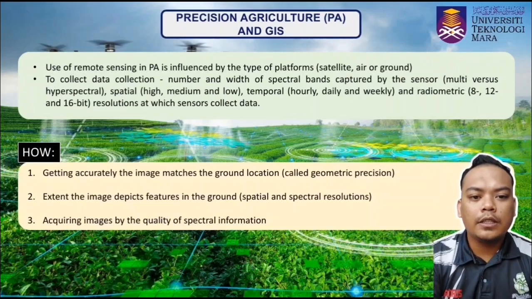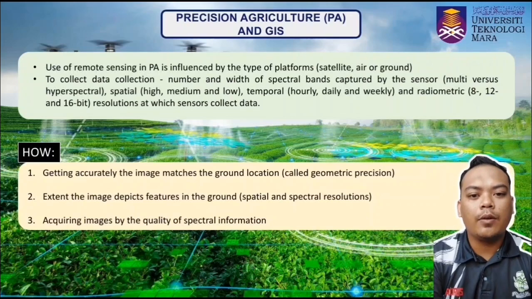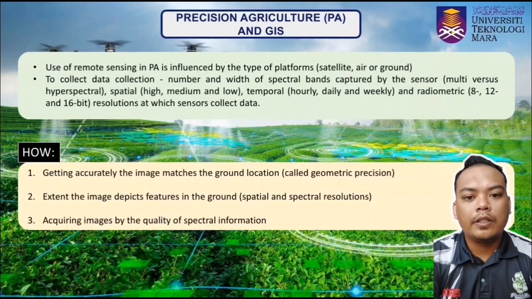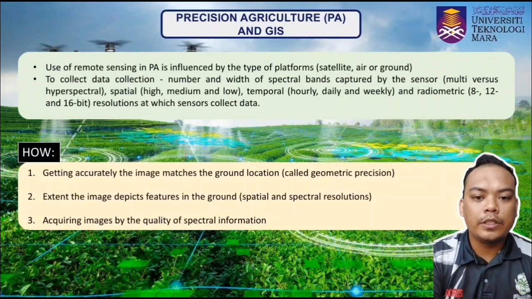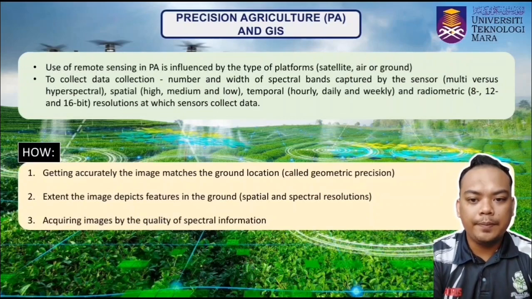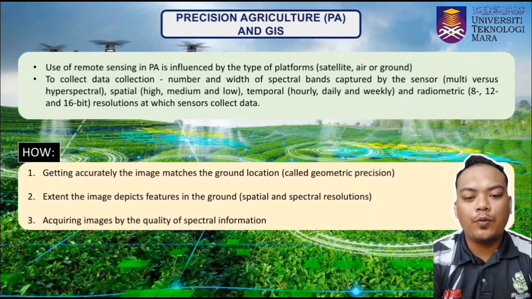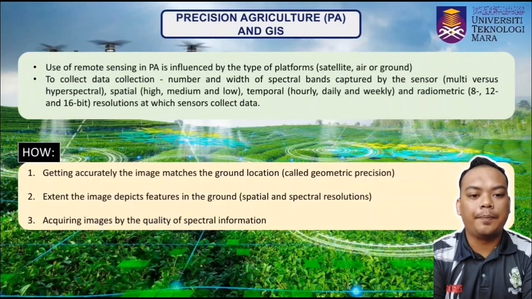To collect data, the number and width of spectral bands captured by the sensor, whether multispectral or hyperspectral, spatial, which is high, medium, and low, temporal, which is hourly, daily, or weekly, and radiometric, which is 8, 12, and 16 bit resolution of a sensor, from the collected data.